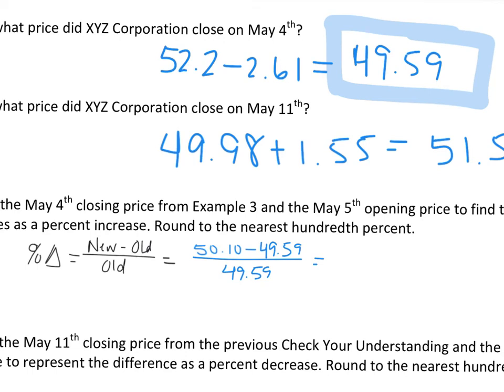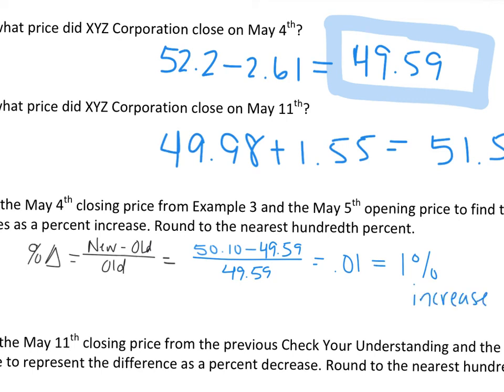So that is 50.1 minus 49.59 divided by 49.59. You have to be careful there. When you're doing that, you have to do the top part first. So do 50.1 minus 49.59 and hit equals, and then divide by 49.59. And I end up with 0.01, or in other words, a 1% increase. Because it's positive, it's an increase.